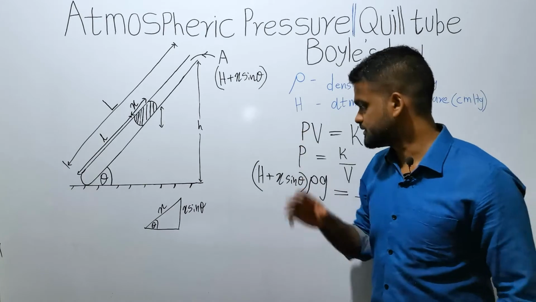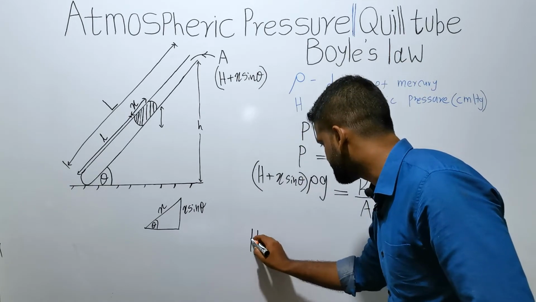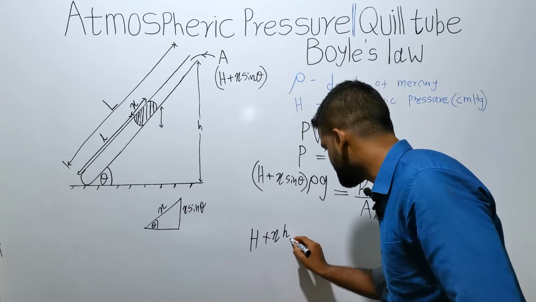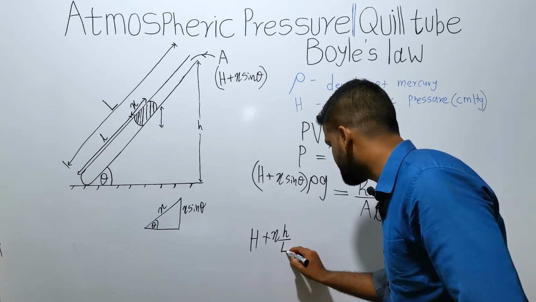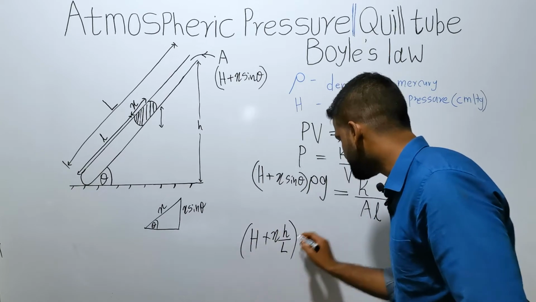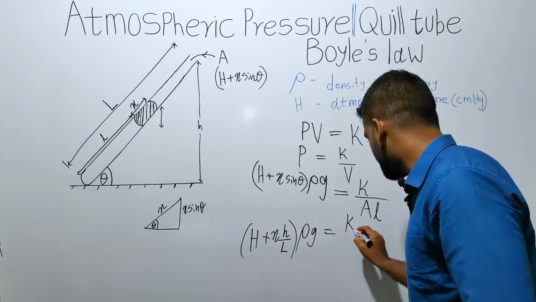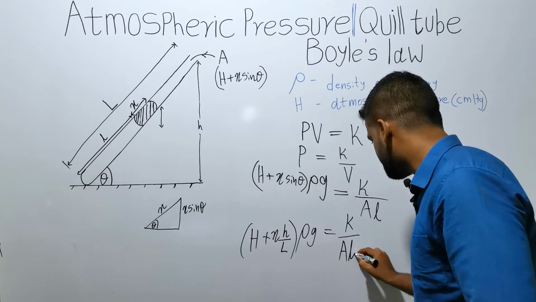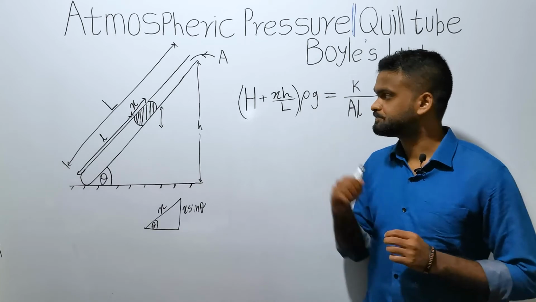Then I'm going to substitute that term here and rewrite the equation. Sine theta is h over capital L, and that gives rho g times the bracket equals K over A l. So now we have this equation.